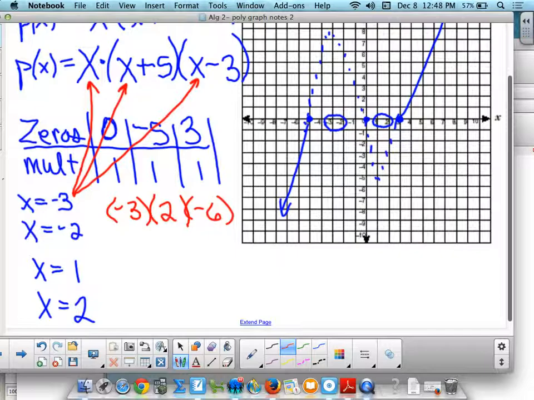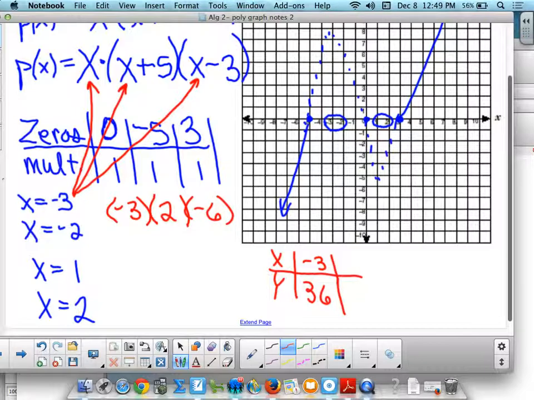Negative 6. Multiply all of this. What do you get? 36. So when your x value is negative 3, you get 36 for y. Which tells me I have to go up 36.